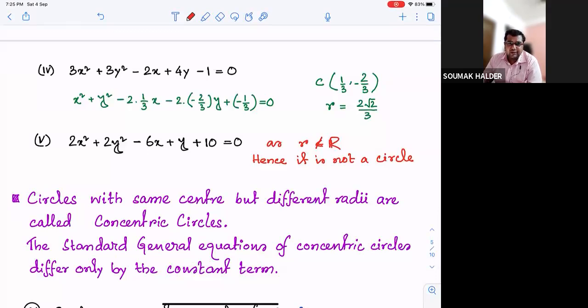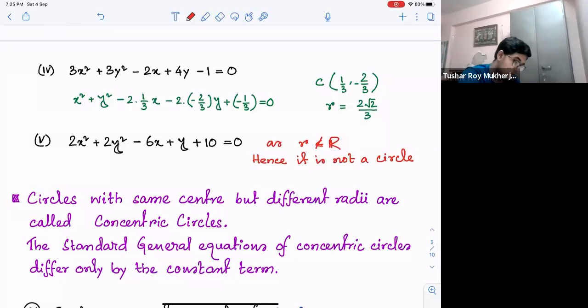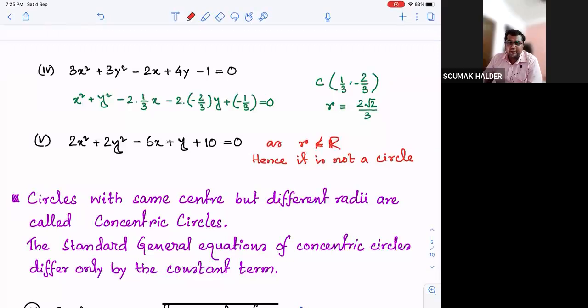So if centers are the same for all the circles, these first four terms will be identically the same for all the circles. Is that okay with everyone? Yes, sir. And hence the variation of radius will occur only through variation in the constant term.